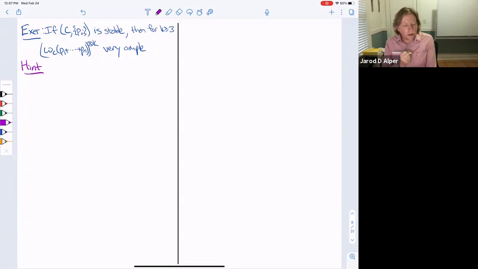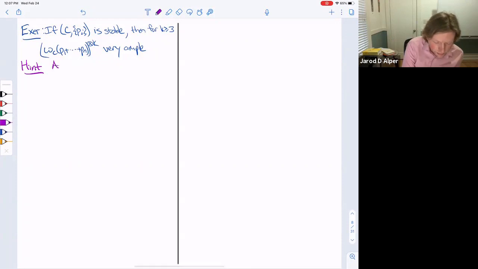We want to know that for a stable curve, if I take a sufficiently high power of the dualizing sheaf twisted by the points, then it's very ample. And in this hint, let's just assume n is 0 for simplicity.